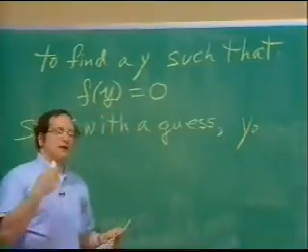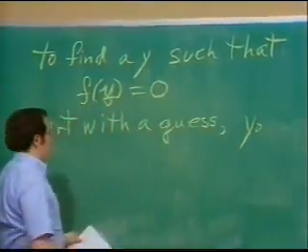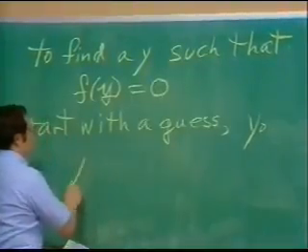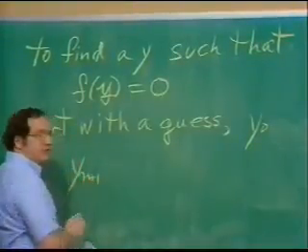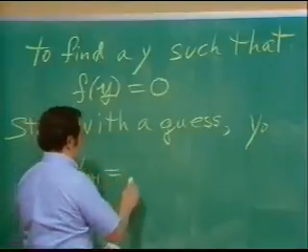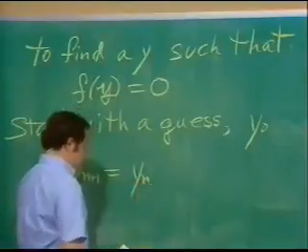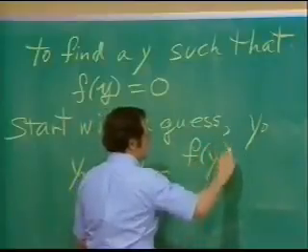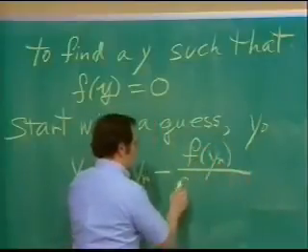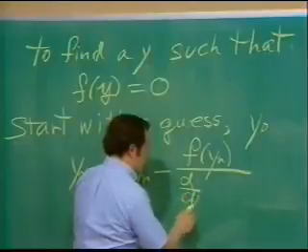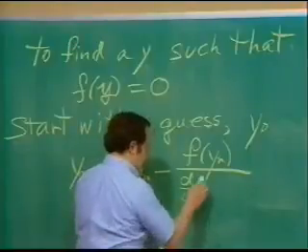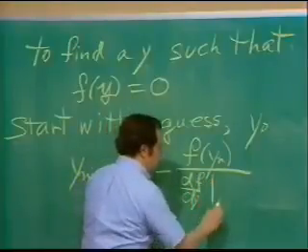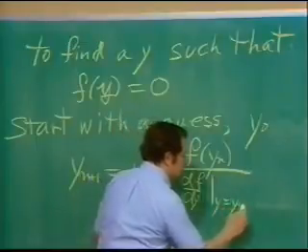And then we will iterate the following expression: y(n+1), this is sort of a difference equation, is yn minus f of yn over the derivative with respect to y of f evaluated at y equal yn.